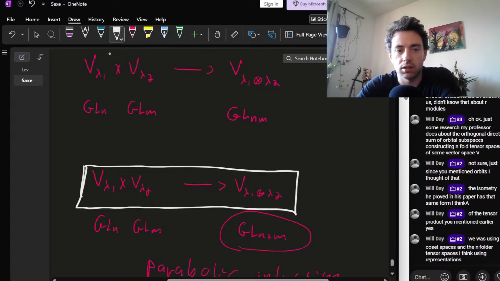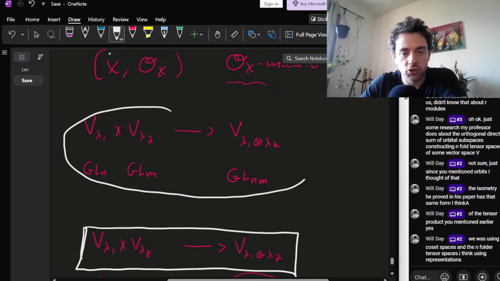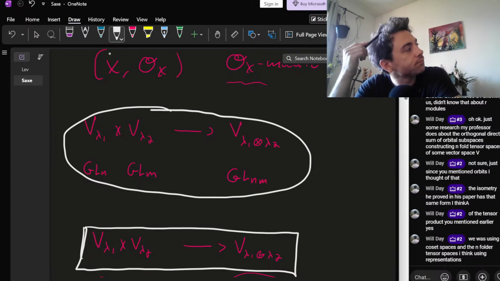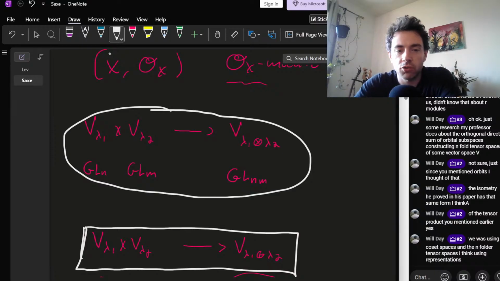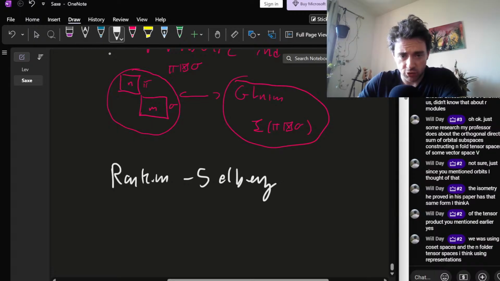But the question now would be, what operation can we perform that corresponds to taking tensor products? There's this Rankin-Selberg stuff that I don't understand at all, that has to do with tensor products of L functions and products of automorphic forms.